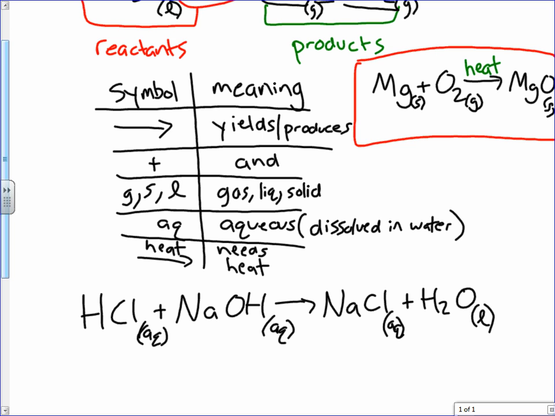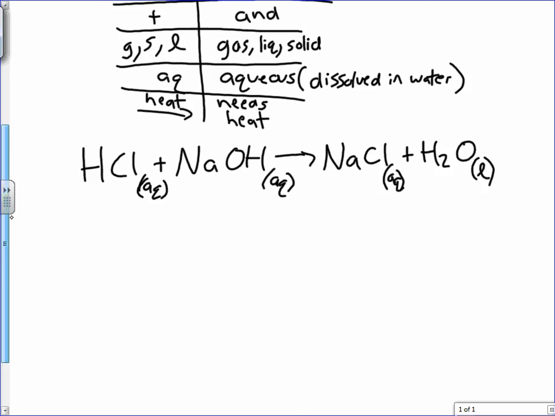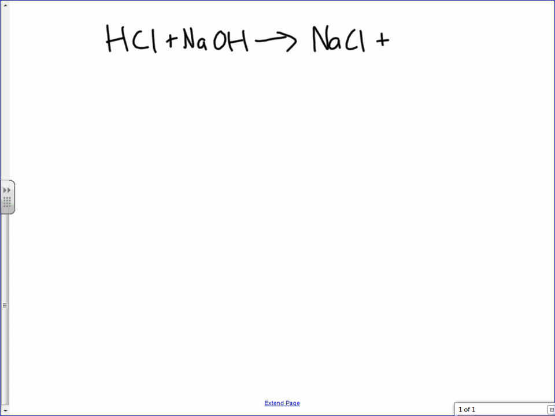But there's a couple more things that we need to get into. So let's go back to this equation with hydrochloric acid and sodium hydroxide. So there's our reactants and products.